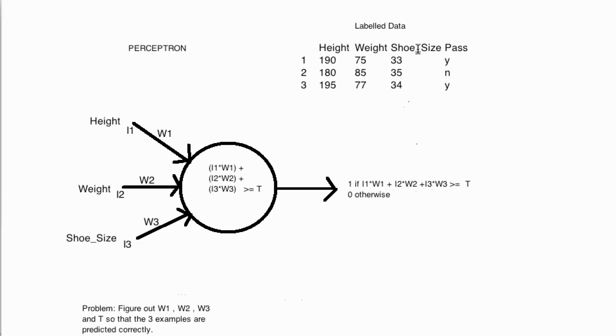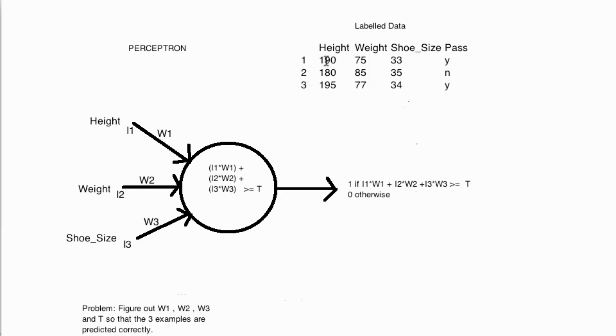Over the years I've actually collected a bunch of data on all of my students, where I've collected their height, weight, and shoe size, and I've also recorded whether they have passed or not. For the sake of brevity, I've only recreated a table with 3 exemplars here.